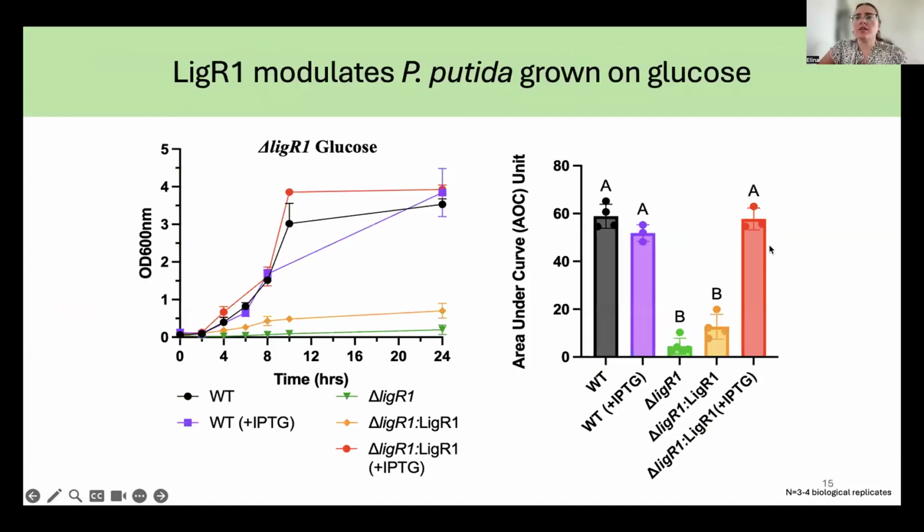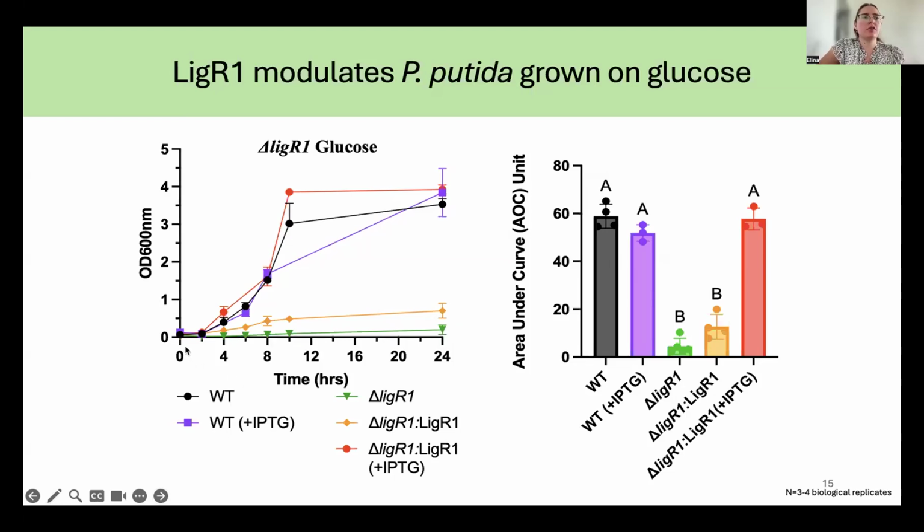So next, we looked at the effect of LIGAR1 on the growth of the bacteria on sugar as well as aromatics, and I'll just go through these one by one. When we knocked out LIGAR1, we observed that the bacteria severely cannot grow on glucose, indicated by this green line here.